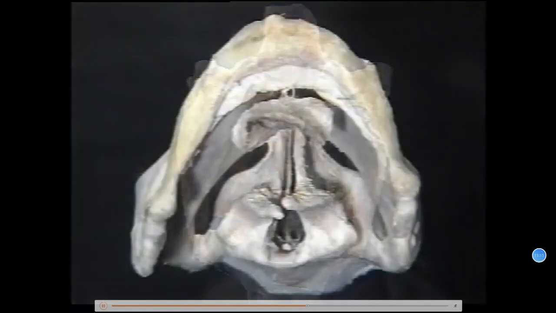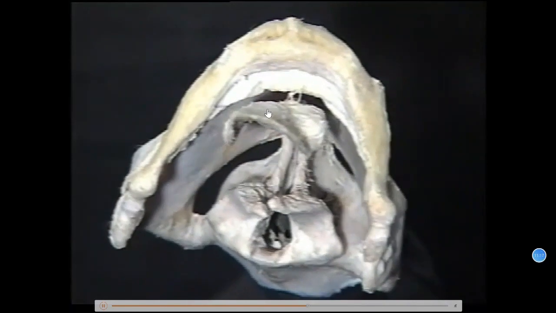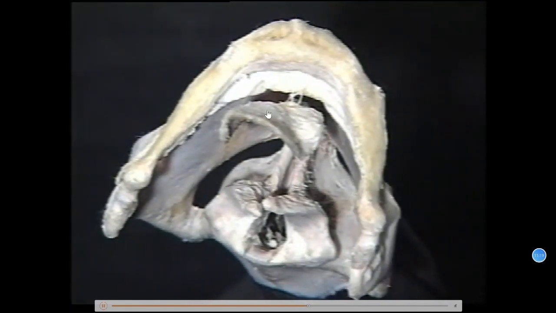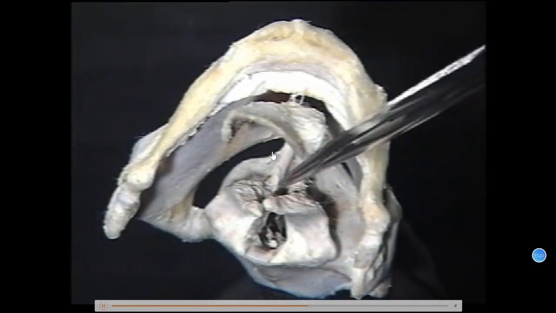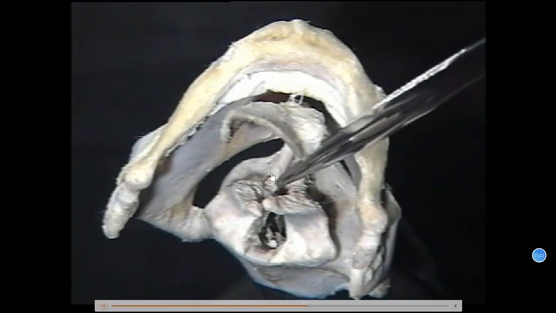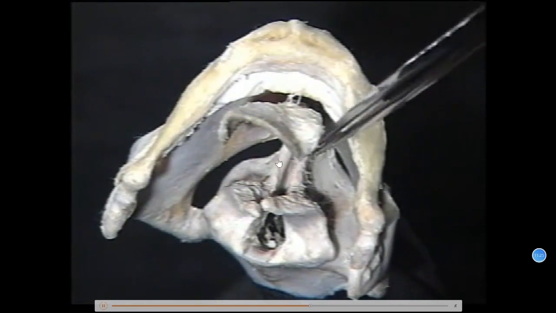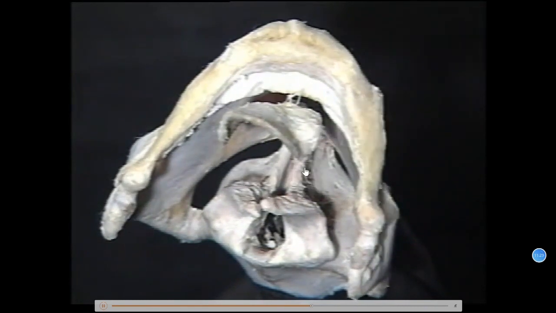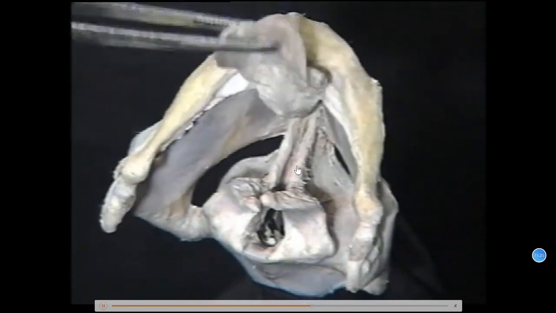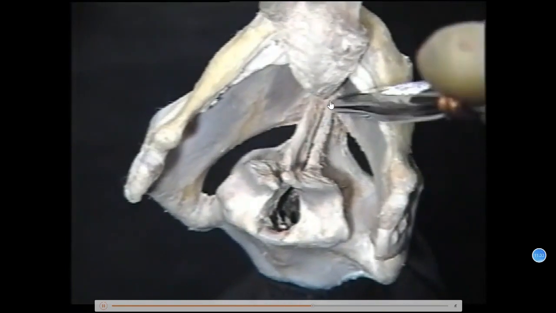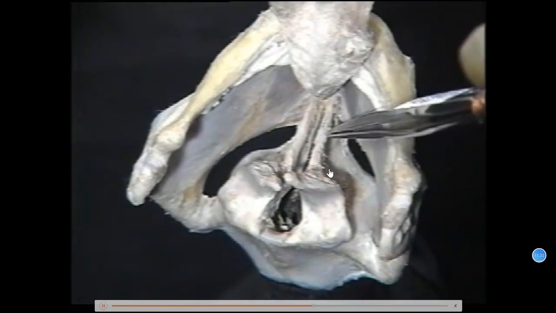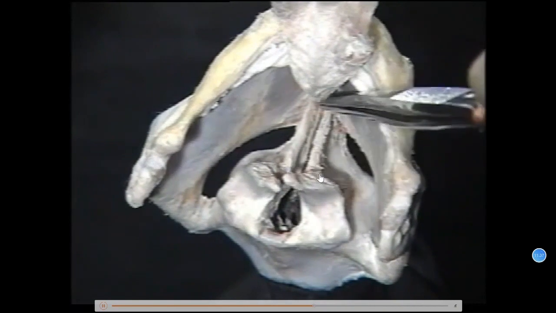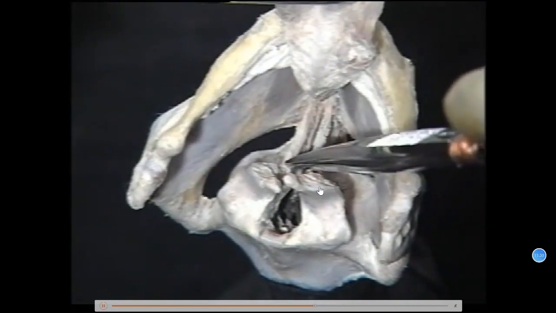Epiglottic cartilage. From the upper view, vocal ligament. It connects from the inner surface of the thyroid cartilage to the vocal process of arytenoid cartilage.